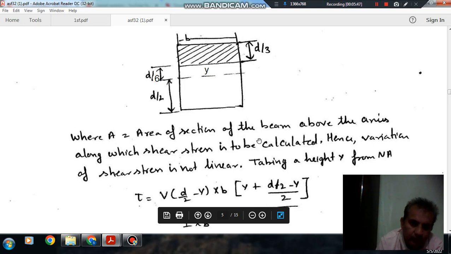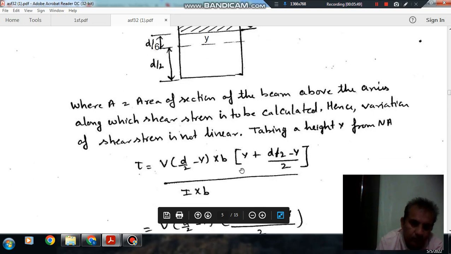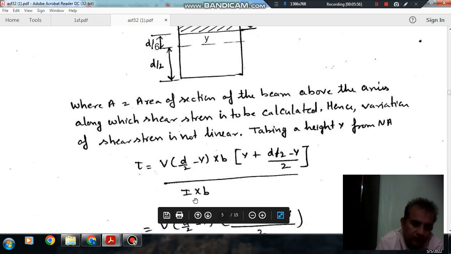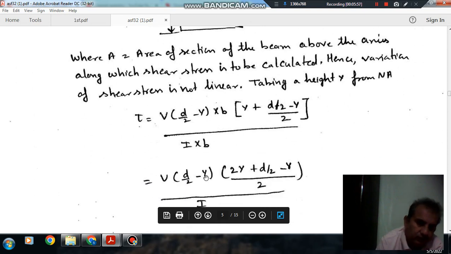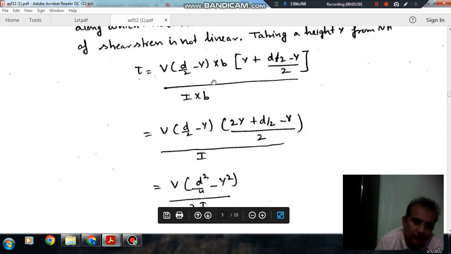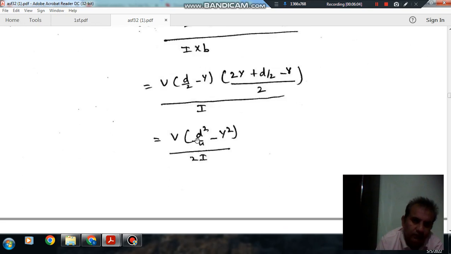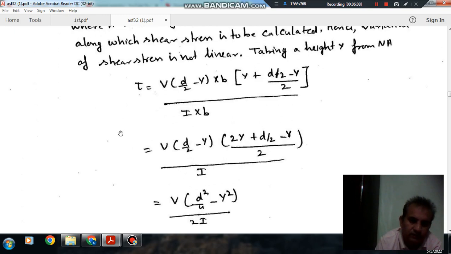So y bar is y plus (D by 2 minus y) by 2. I is the moment of inertia of the whole section and b is the width of the whole section, so b will cancel out, and if we solve this, we get V by 2I into (D square by 4 minus y square). So this is the shear stress variation.